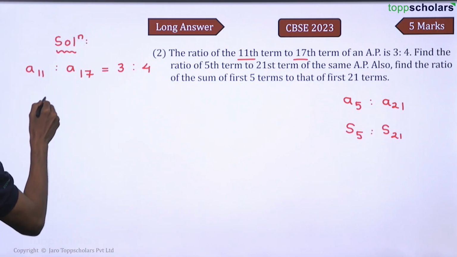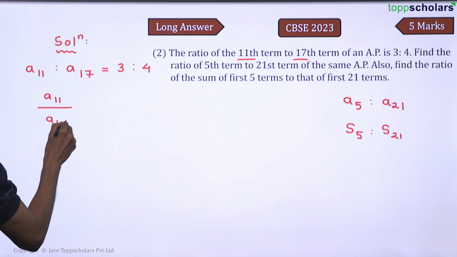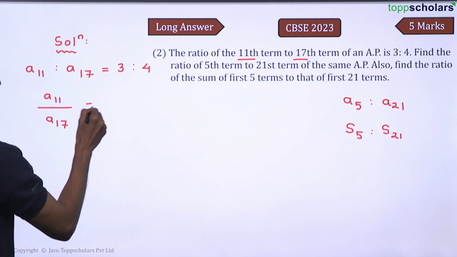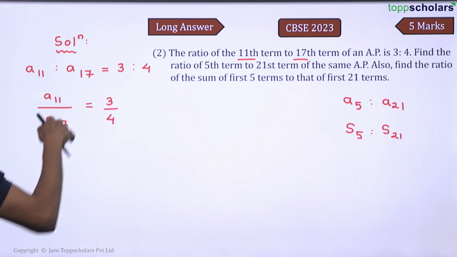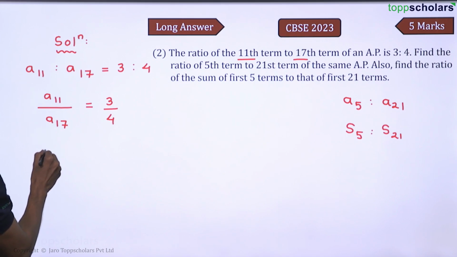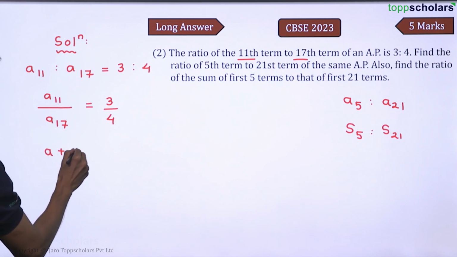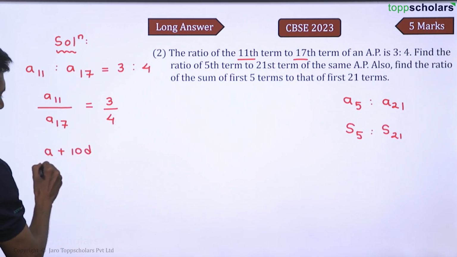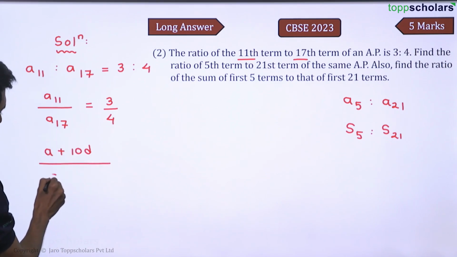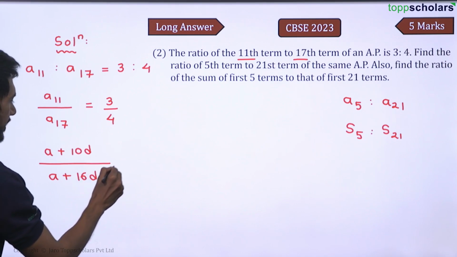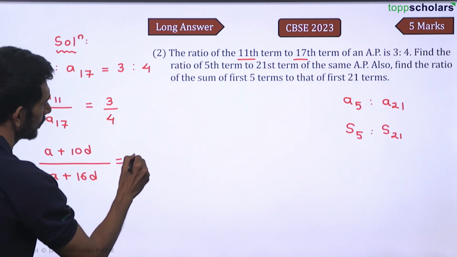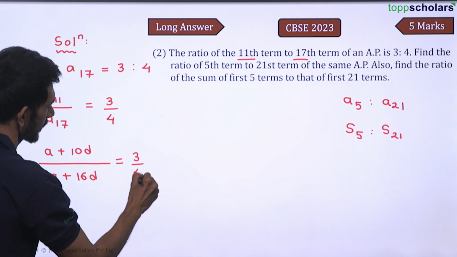A11 by A17 is equal to 3 by 4. Ratio can be written in the form of fractions. A11 can be written as a plus 10d. A17 can be written as a plus 16d. And that is equal to 3 by 4.